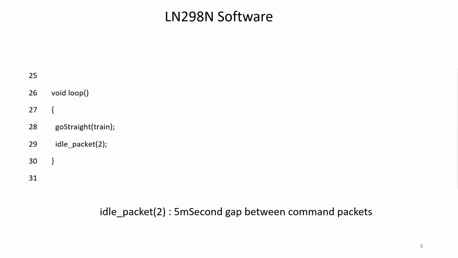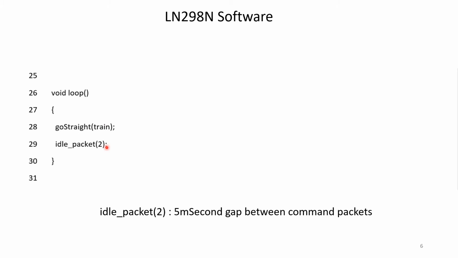Now I've initialized the decoder, the script goes into a constant loop. I'm sending a packet called go straight, which transmits from the Uno via the 298 to the train the command packet.